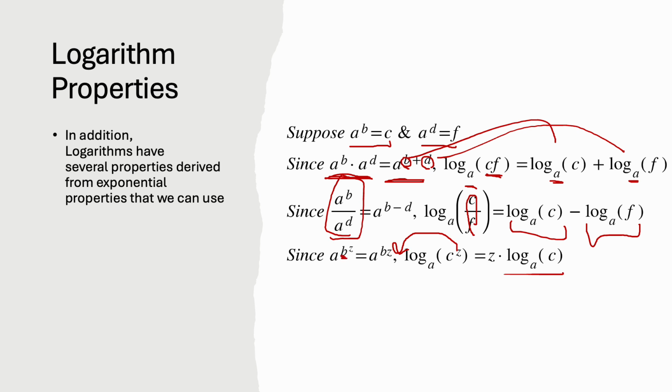And so for raising that to some power z, we can just take z and multiply it by that. That's a weird way of describing it, but you get what I'm saying.